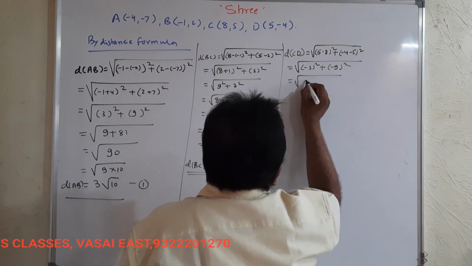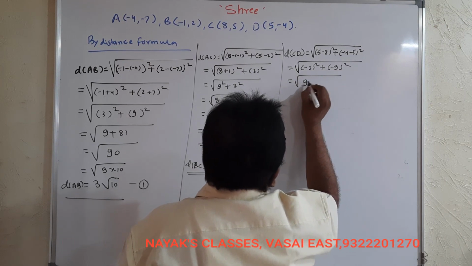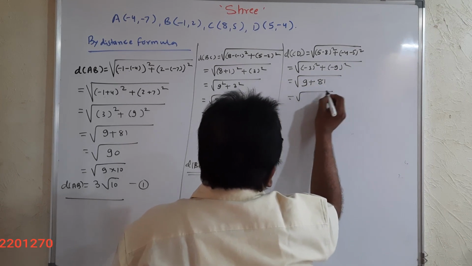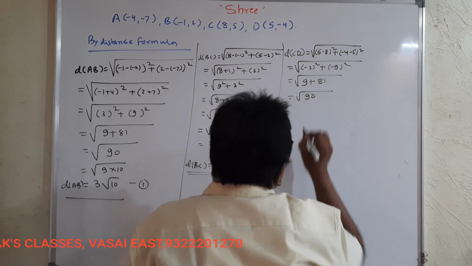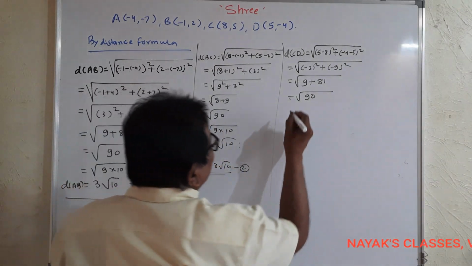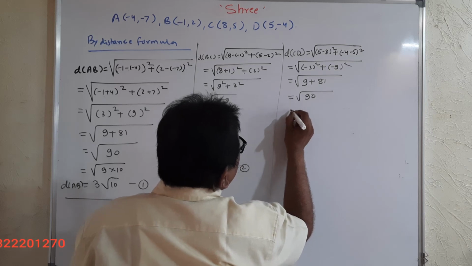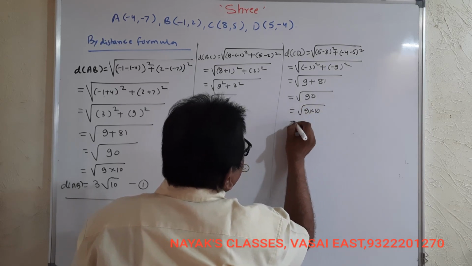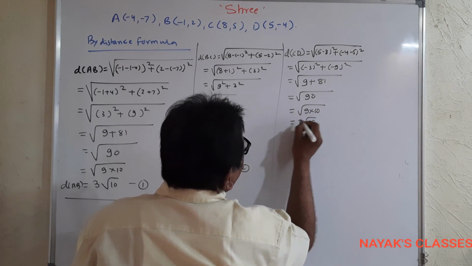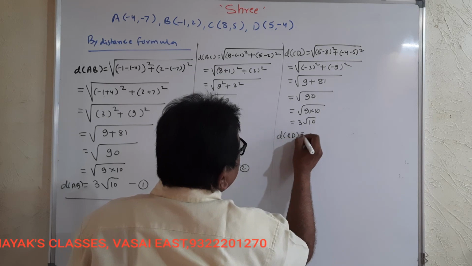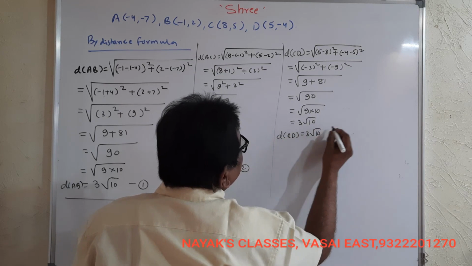Again, minus 3 square is 9 plus minus 9 square is 81, which is equal to again 90. So the final answer is 9 into 10, that is 3 root 10. So distance CD is equal to 3 root 10.